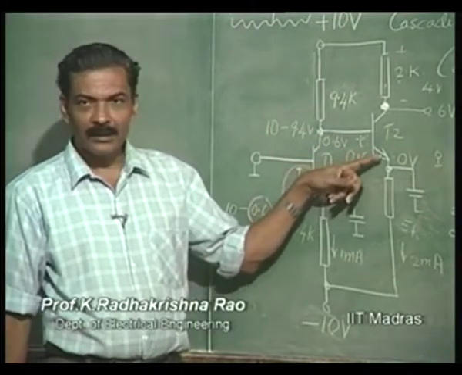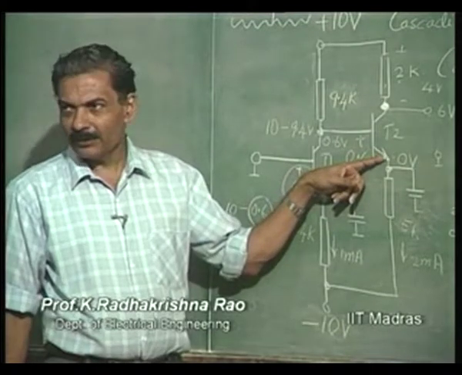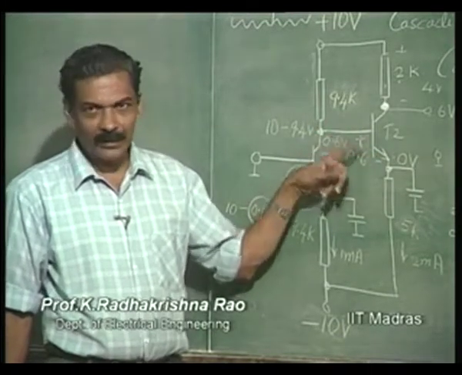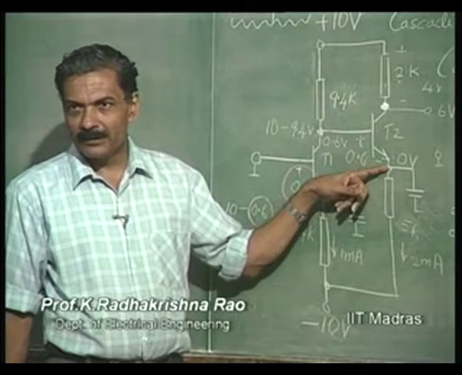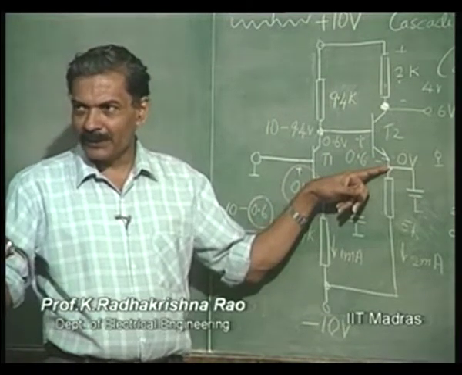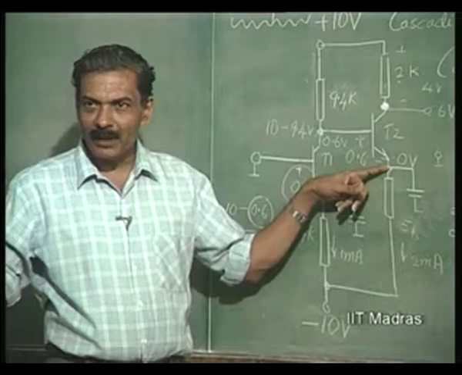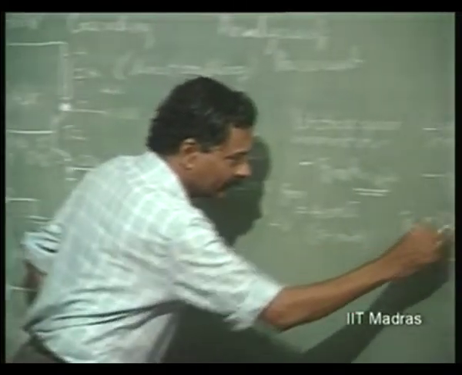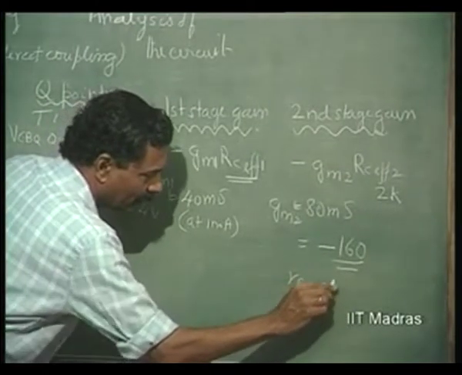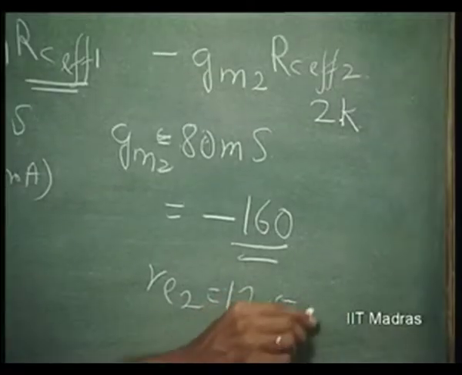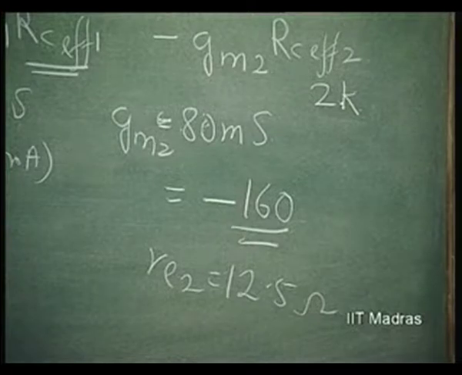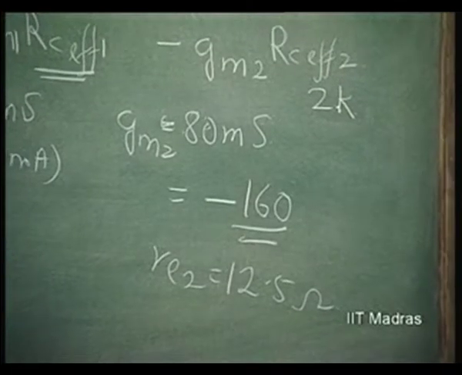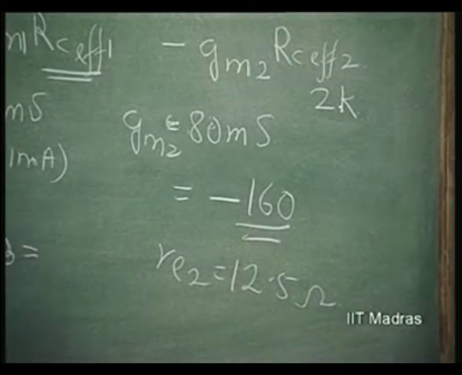This is re into beta plus 1. re is, for 1 milliampere 25 ohms, for 2 milliamperes 12.5 ohms. So, re of this stage, re2, is 12.5 ohms and beta is 100.